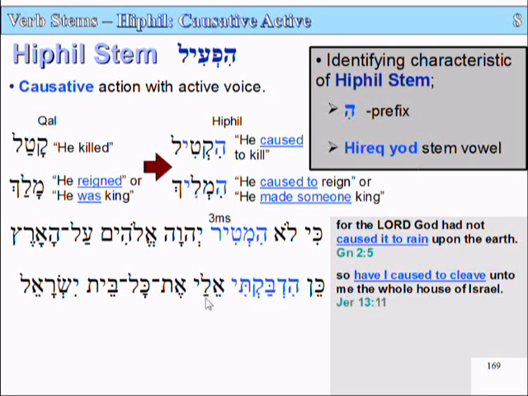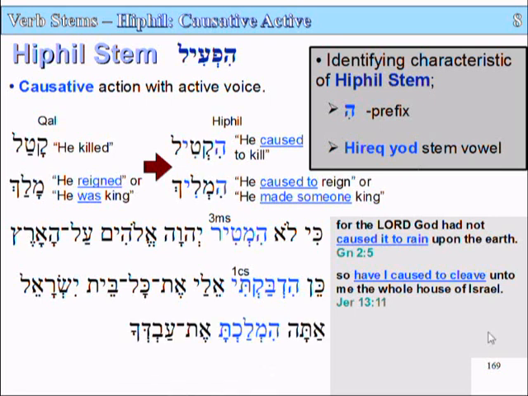Kol means all. Beit Yisrael, house of Israel. And that is a first person common singular. Hidbakti.